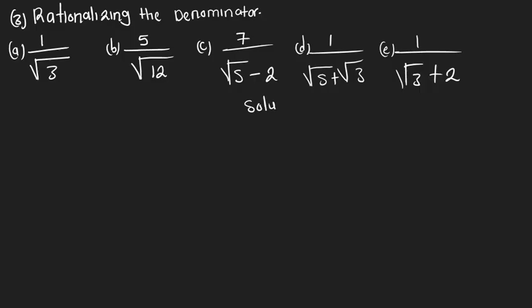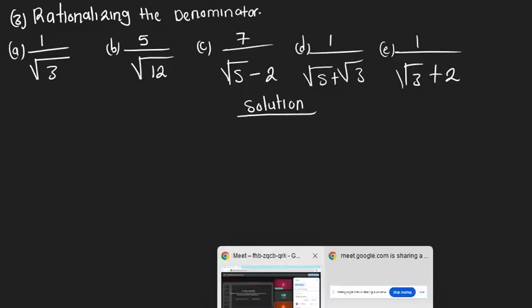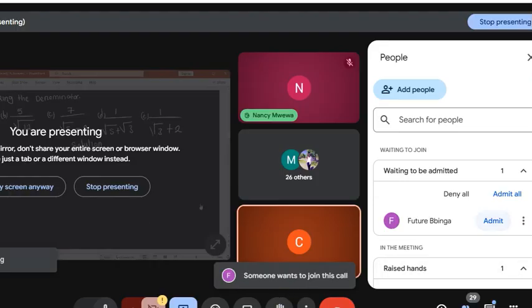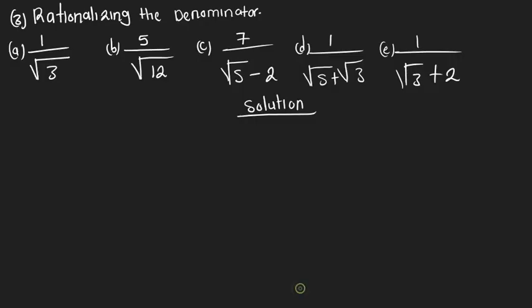To rationalize the denominator, it is actually very simple. The only thing that I want you to do when I ask you to rationalize the denominator is to remove the square root from off the denominator.